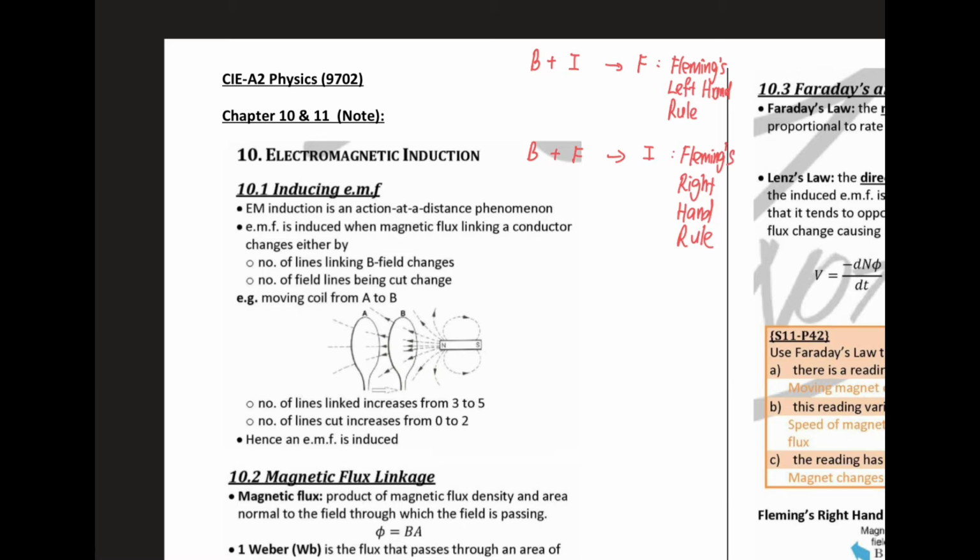Okay. So the chapter 9 situation is where we apply it in a motor, for example, like a fan. We have magnetic field, we have current, then the fan is spinning, so that is the force. This one we use in a generator, for example, hydroelectric.